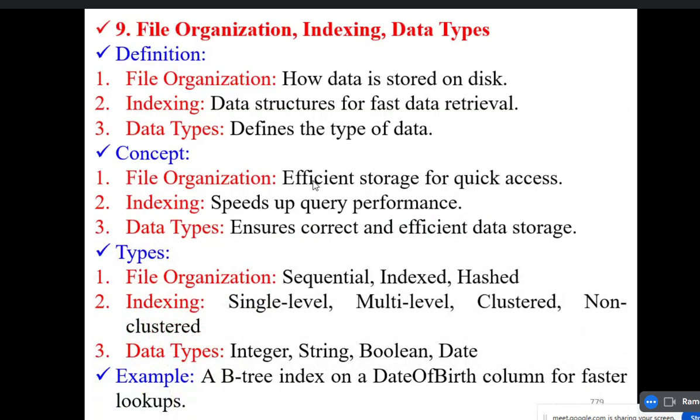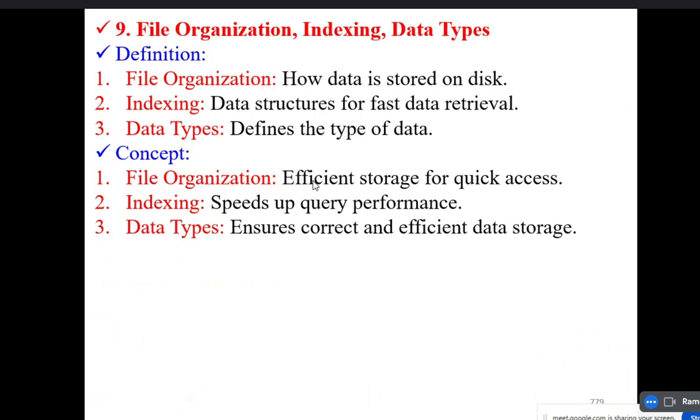Next, what about a file? What is meant by a file? How are you defining a file, Ramchan? A file contains data or information. A file is a collection of related data. Keep that in mind. Now you tell me, what is your definition of a file? A file is a collection of related data. Perfect.